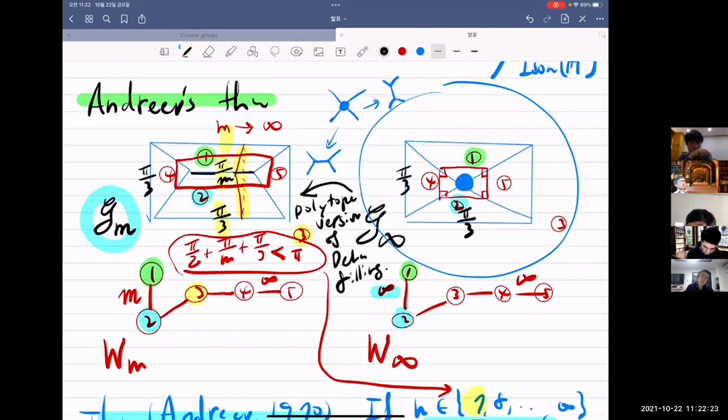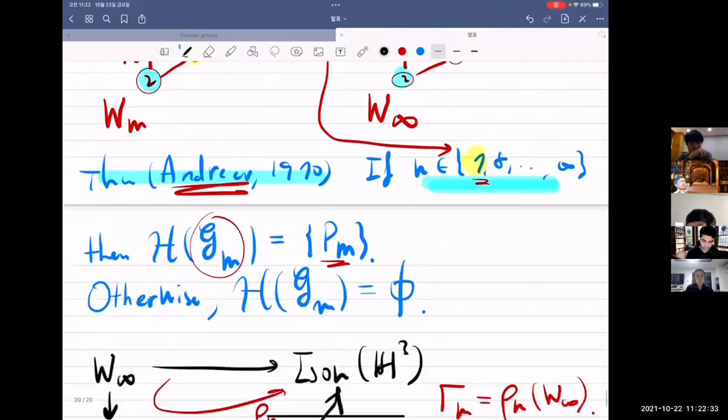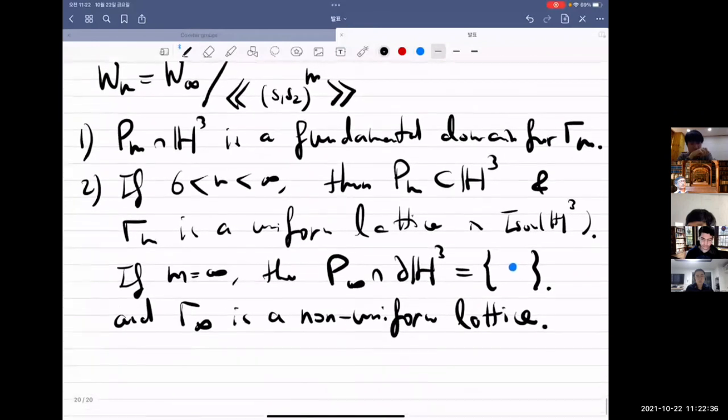So sometimes from a non-compact polytope, we can obtain a compact polytope. Okay, so this is dimension 3.